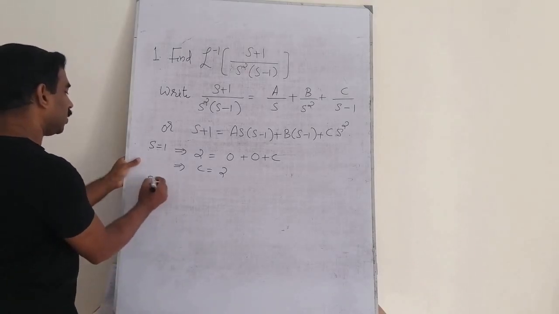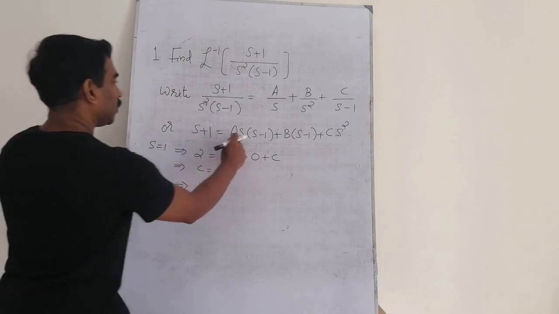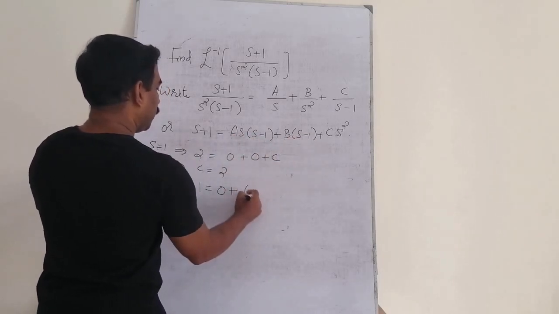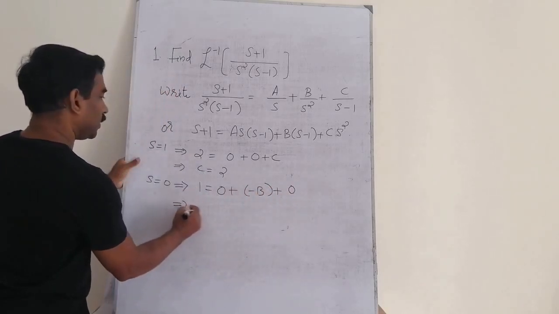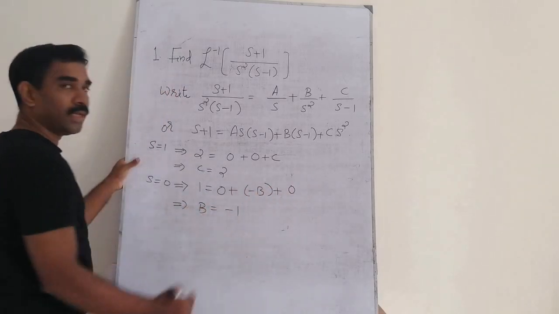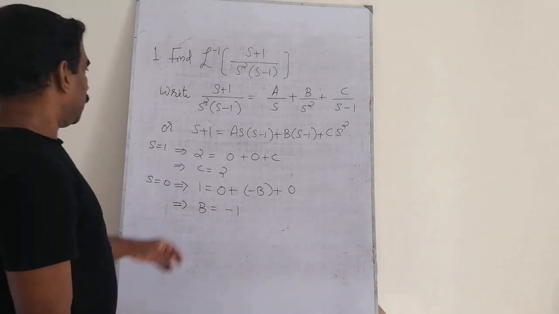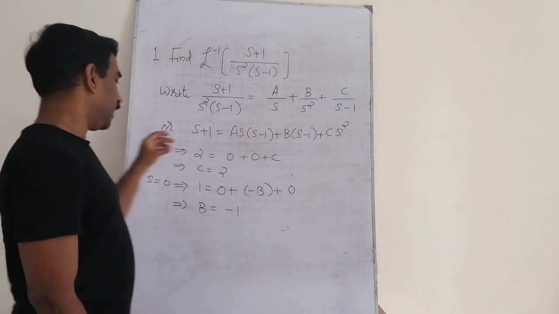Another substitution is s = 0. So s = 0 implies 1 = 0 + (0 - 1)B + 0, that is, -B. So that implies B = -1. And the third coefficient A can be obtained by equating coefficients of s^2 on both sides.